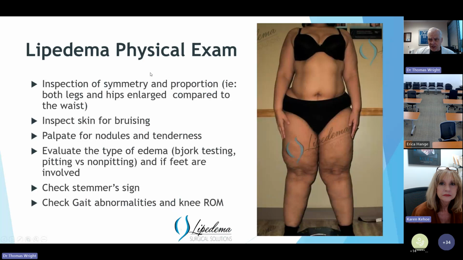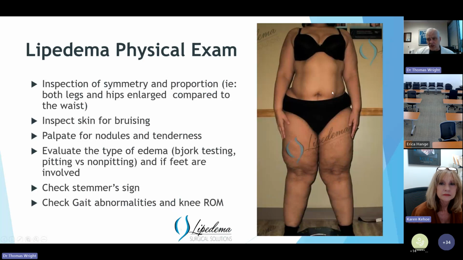So this is a typical lipedema patient here on the right, and in the exam, we want to inspect for symmetry and proportion. What I mean by out of proportion is that the legs and arms are larger than the waist.